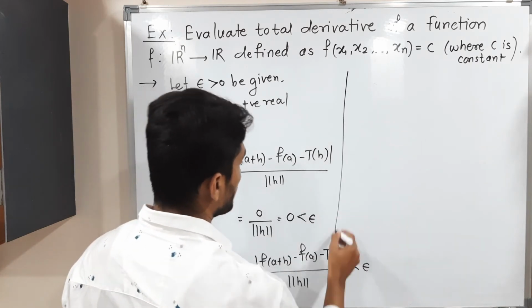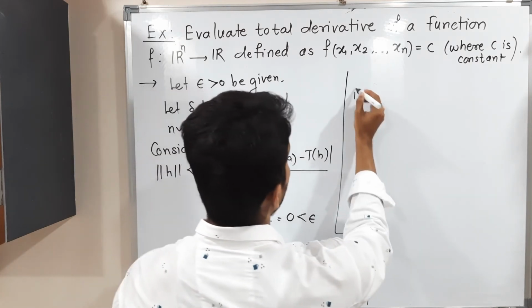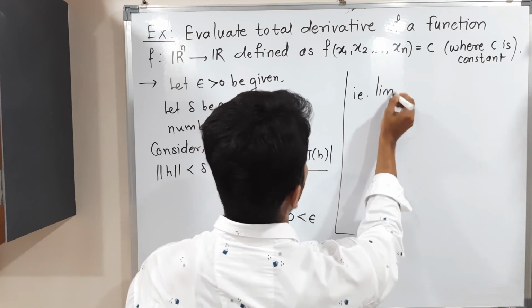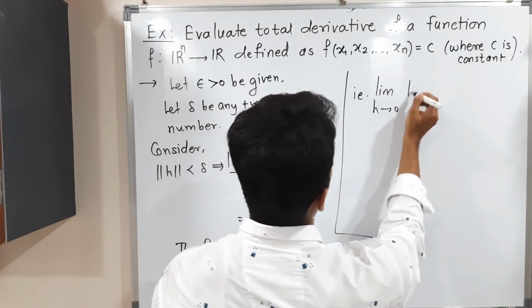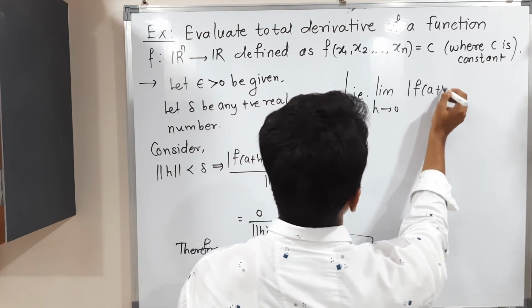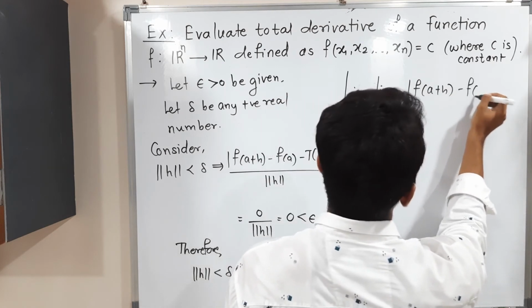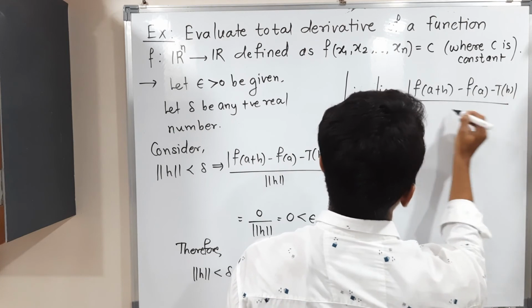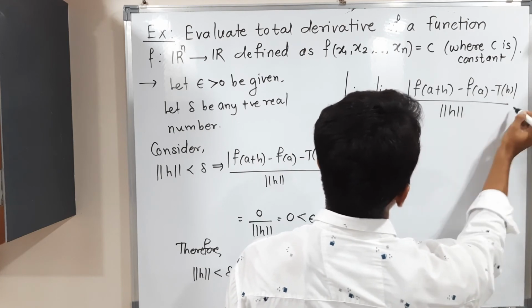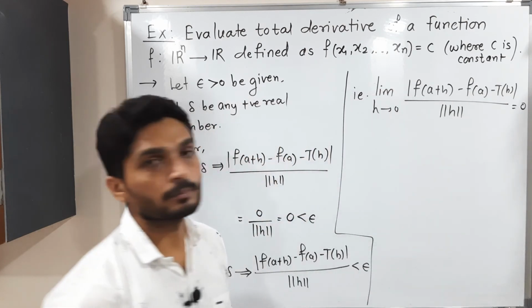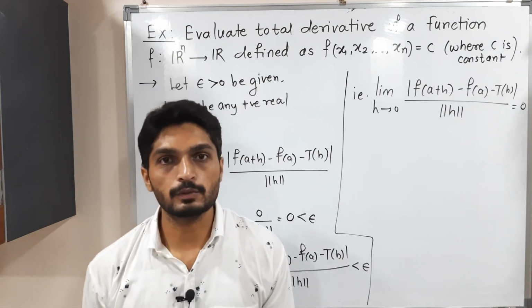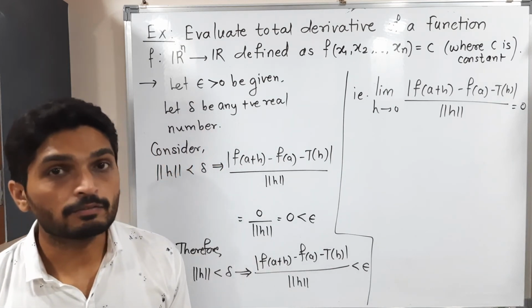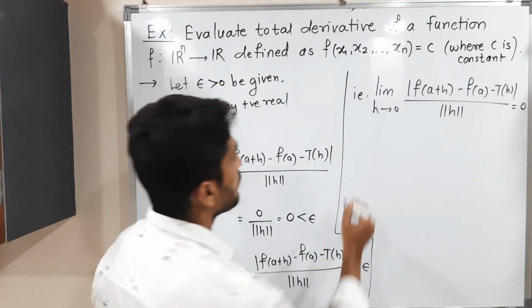We can write the same thing in terms of limit, that is limit h tends to 0 of mod f of a plus h minus f of a minus T of h divided by norm h is equal to 0. So the definition is satisfied. That's why we can declare f is differentiable at a.